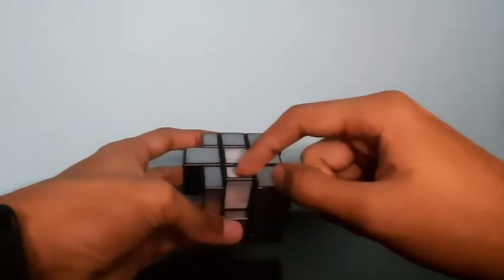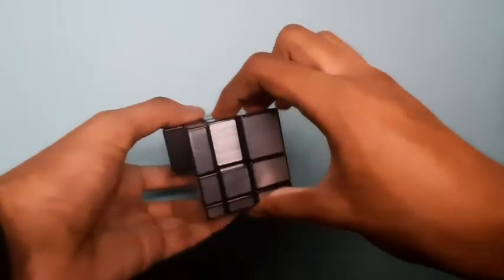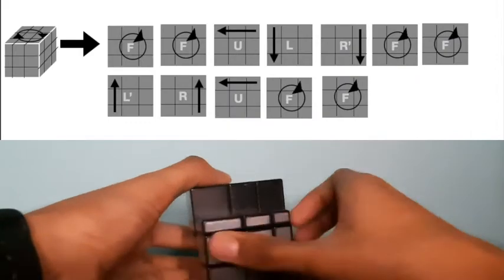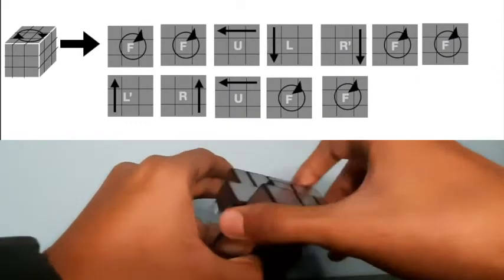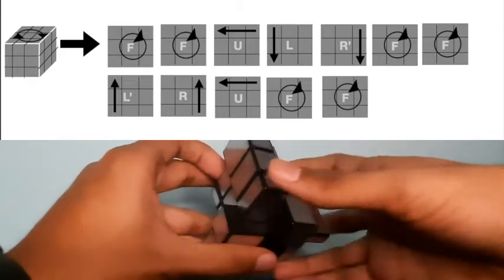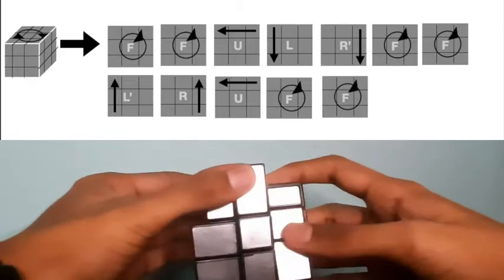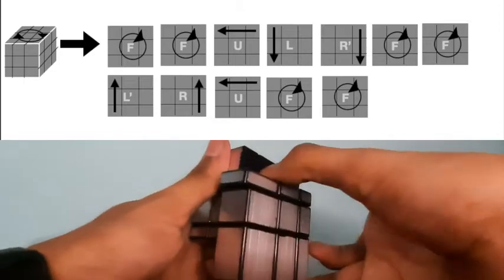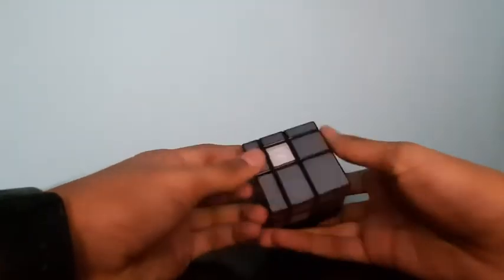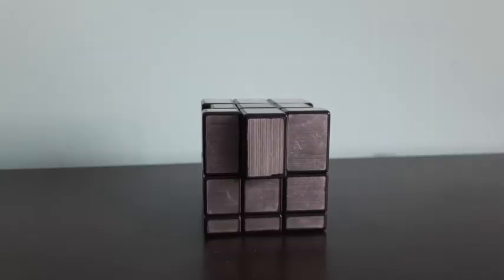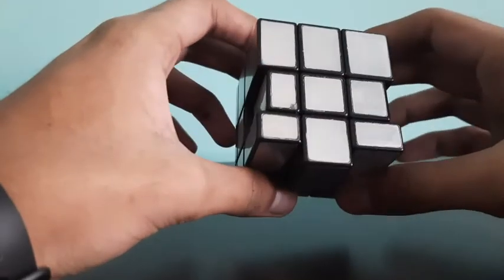So since you have to take this piece to the left, we'll apply the algorithm. And we have solved it. So when the pieces need to go anti-clockwise, we'll see.